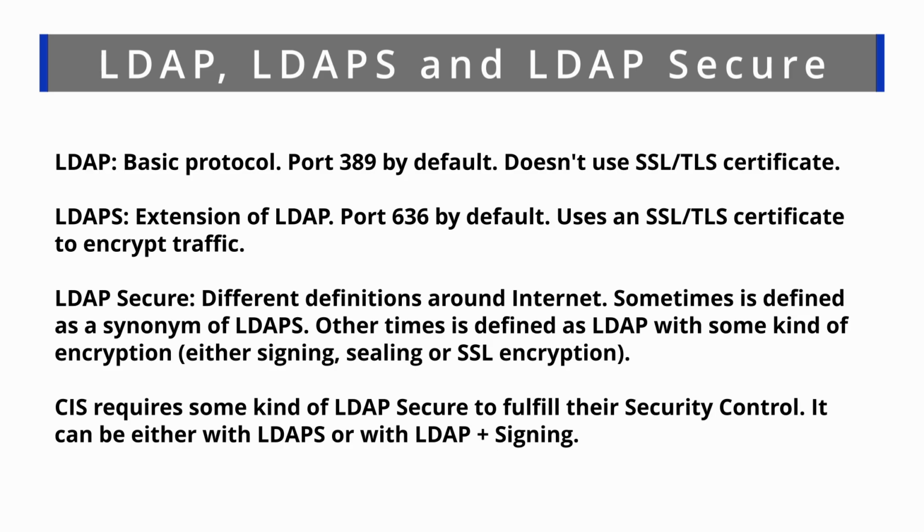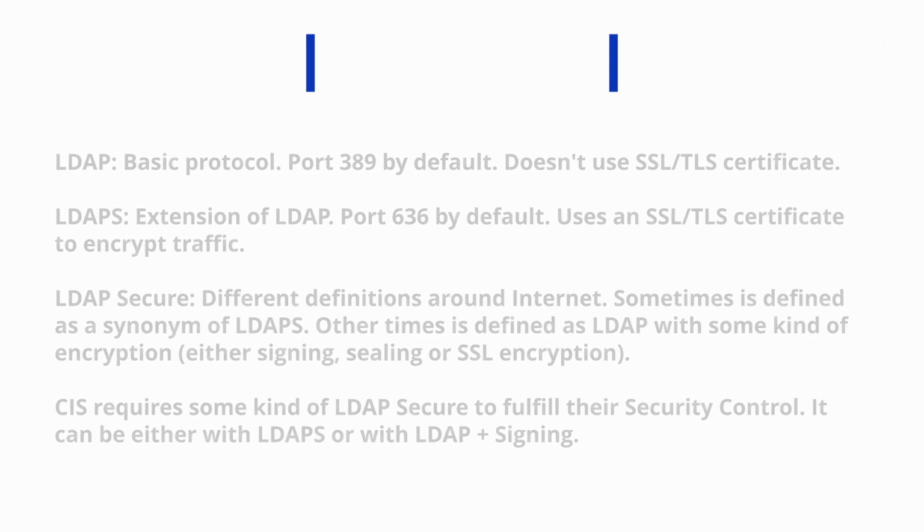So we only need LDAP secure. In other words, we need either LDAP signed or LDAP encrypted with a certificate. So in other words, LDAPS, but it is not just LDAPS: you can fulfill the requirements with LDAP and sign the traffic.